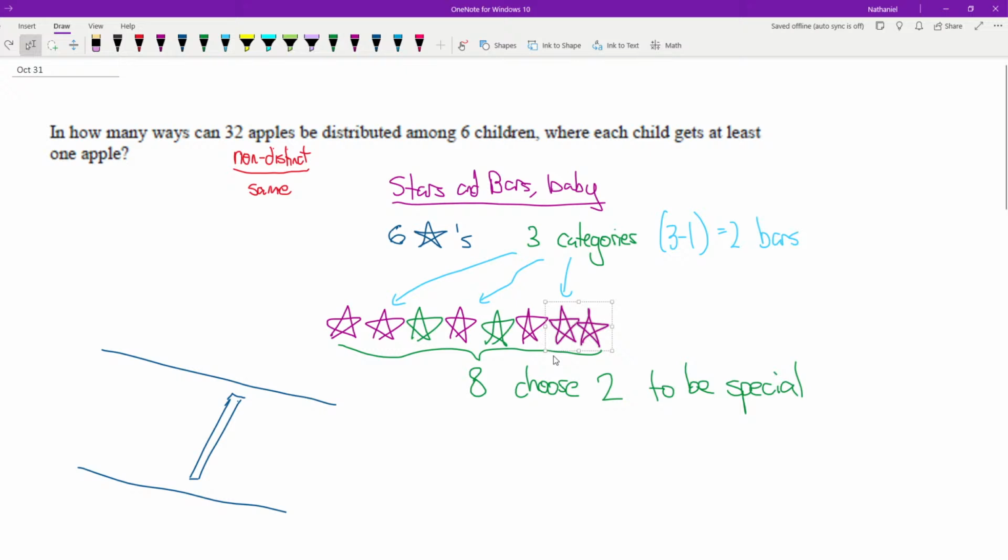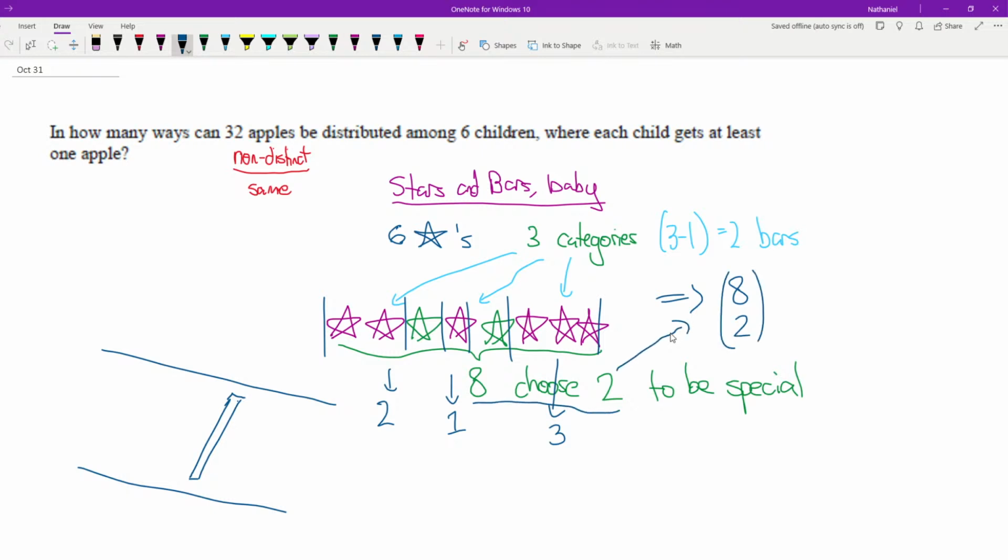Let's keep the 2 extra at the start so that we can choose 2 of them. They turn into this grocery stick that separates the 3 groups. It's a little weird that you only need 2 separators to say that this group has 2, this group has 1, this group has 3. So regardless, the math here is 8 choose 2. That was our math.